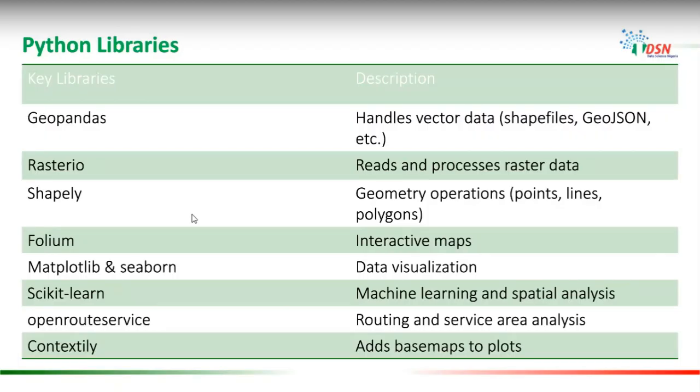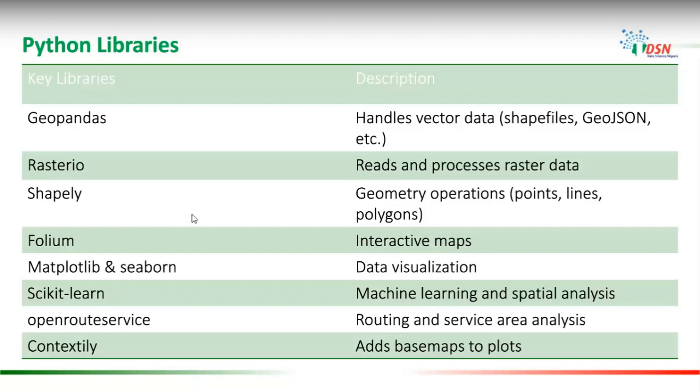But in geospatial data analysis, we have GeoPandas. I should call it pandas on steroids, pandas that can handle geospatial tasks. We call it GeoPandas because it can handle all data manipulation that has to do with spatial data. And we have Rasterio.